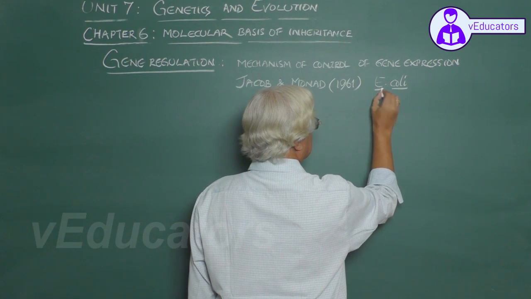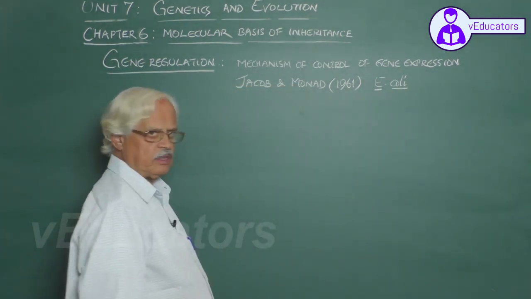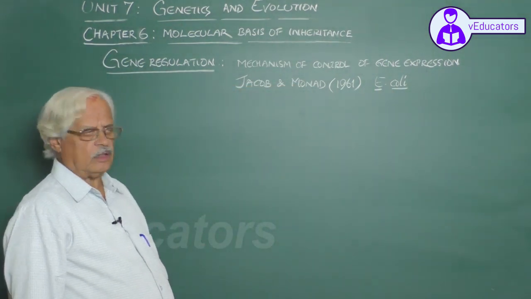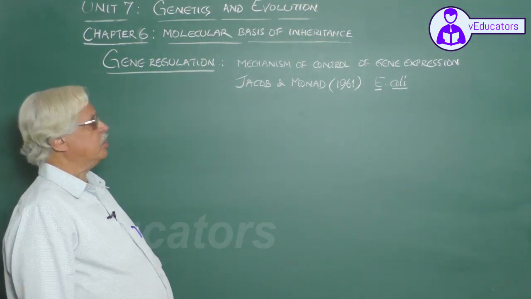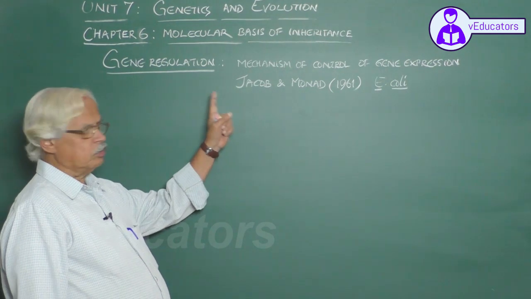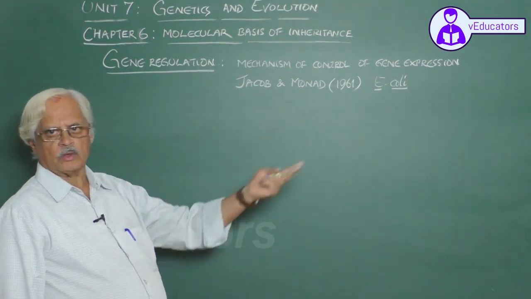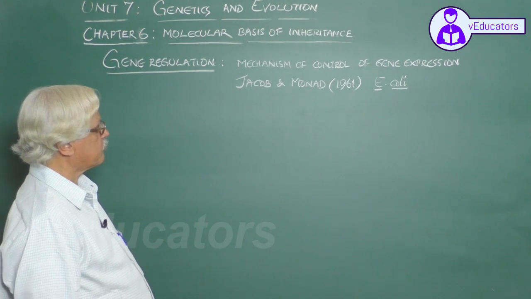So first this mechanism was discovered in E. coli and later in other organisms, and now it is known that such gene regulation occurs not only in prokaryotes but also in the case of eukaryotes.